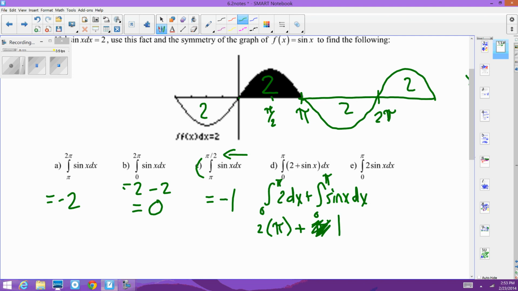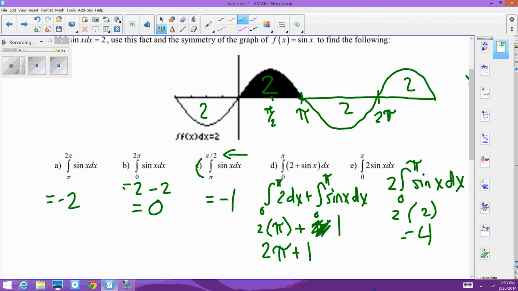So this one is just 2 pi plus 1. Okay, and the next one, 2 times, remember, using our properties, we could bring it right out in front. So this will be 2 times 2, or in this case, 4. Still not too bad. All right, we'll try a couple.